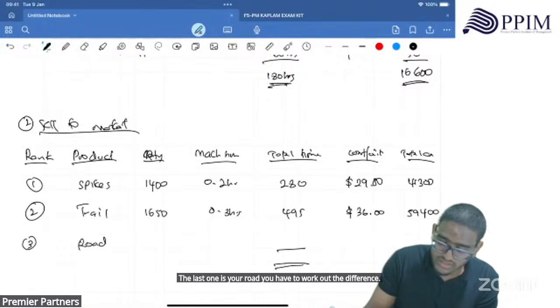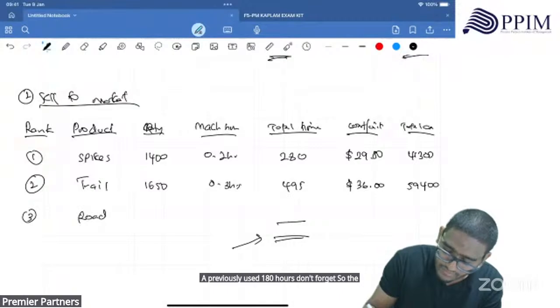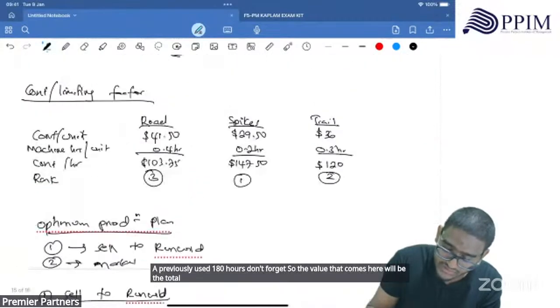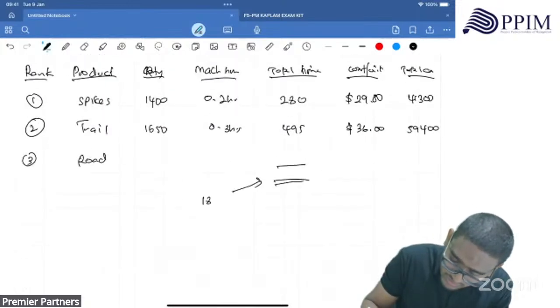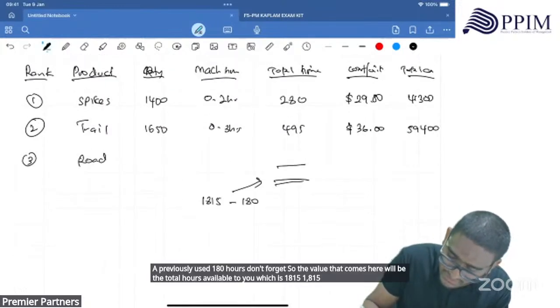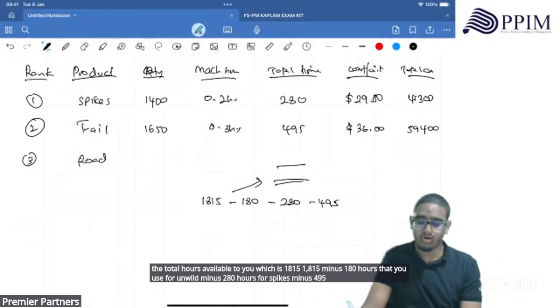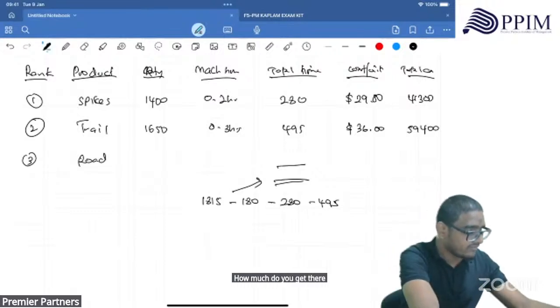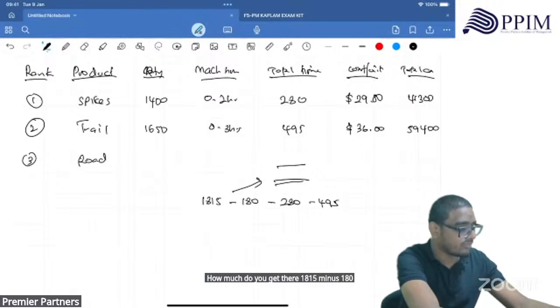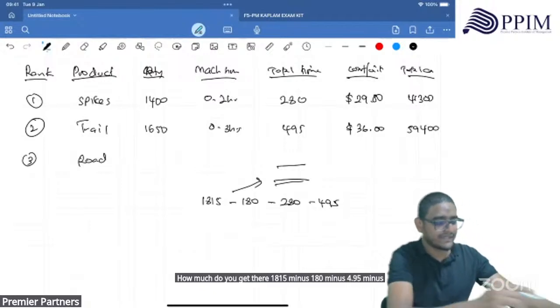Now, previously used 180 hours, don't forget. The total hours available to you is 1,815. So 1,815 minus 180 hours used for Runwild, minus 280 hours for spikes, minus 495 for trail. 860.